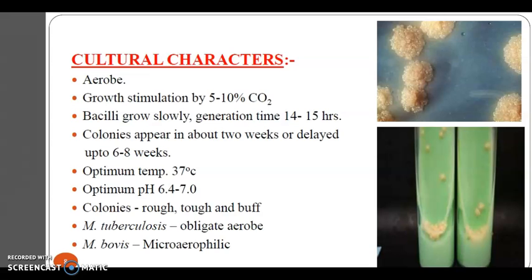The optimum pH is 6.4 to 7. Mycobacterium tuberculosis is an obligate aerobe, while Mycobacterium bovis is microaerophilic on primary isolation and becomes aerobic on subculture.